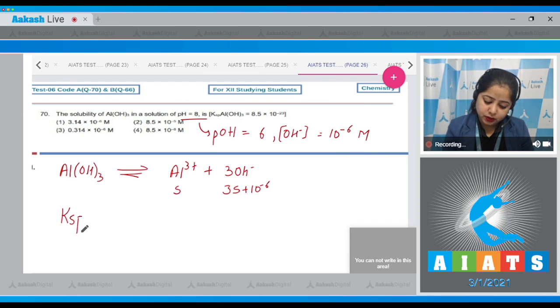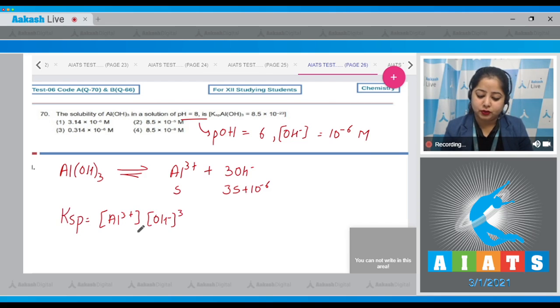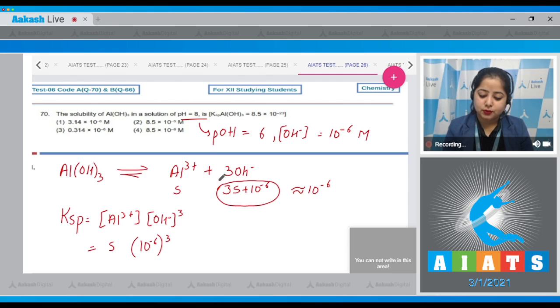So Ksp is equals to concentration of aluminium 3 plus and concentration of hydroxide raised to the power 3. This is S and this is 10 raised to the power minus 6, because 3S plus 10 to the power minus 6 is approximately equals to 10 raised to the power minus 6, cube of this, which is equals to Ksp, and the value of Ksp is 8.5 into 10 raised to the power minus 23.